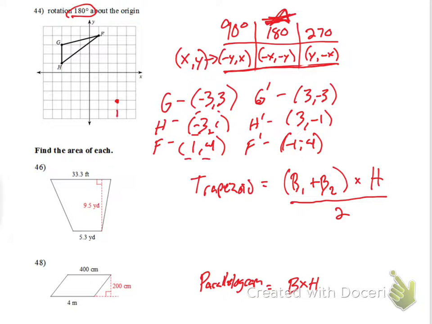And that would be, not H prime, that would be G prime. Then I would do 3, negative 1. Here, let me just do this. This will make it easier.